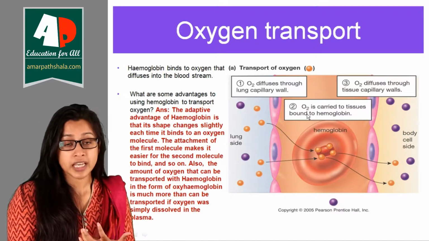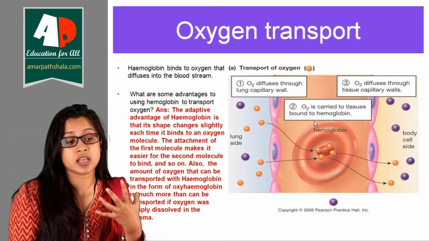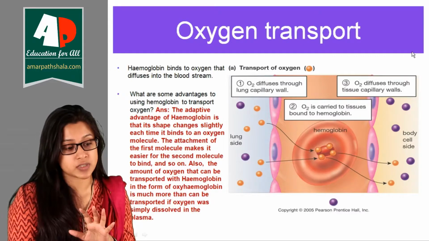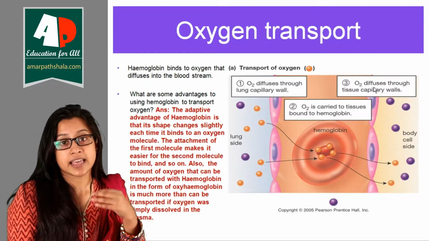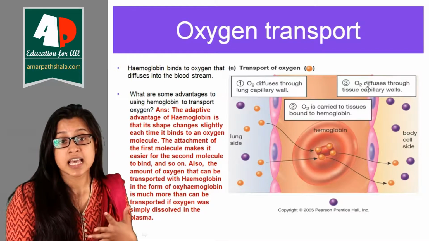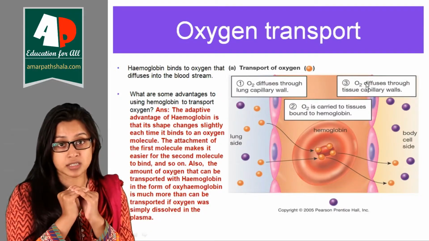So, hemoglobin carries these oxygen molecules and transports them to the tissues. And oxygen then diffuses through the capillary walls. See, this is the basic method of the transport of oxygen.